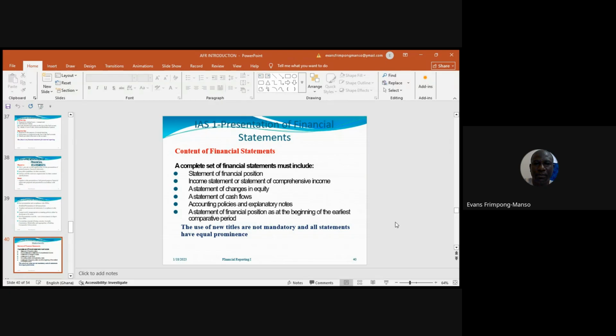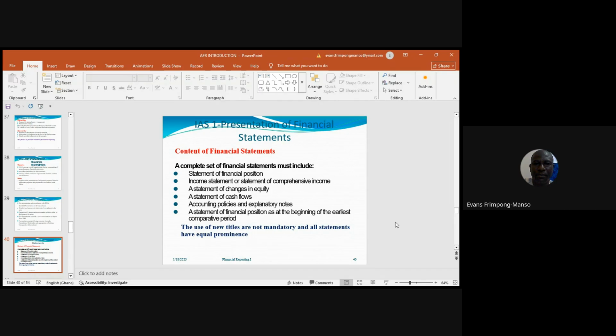Or you can simply say income statement or statement of comprehensive income. At first, you would call this one the trading profit and loss account. Now we don't call it that again. You either say income statement or statement of profit or loss and other comprehensive income.